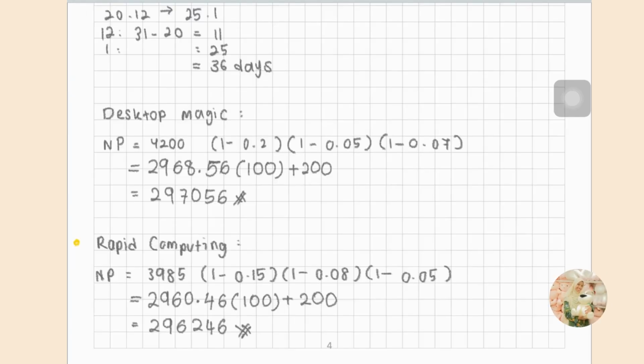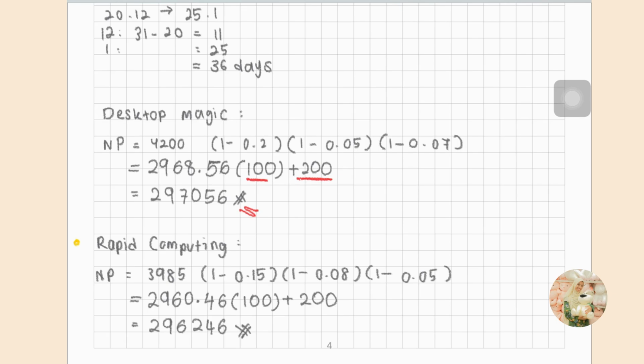After we get the cash discount rate, we put them into the formula given. For Desktop Magic, we will get 2,968.56 ringgit times 100 because of 100 laptops, plus 200 for transportation cost. Then we will get 297,056 ringgit.